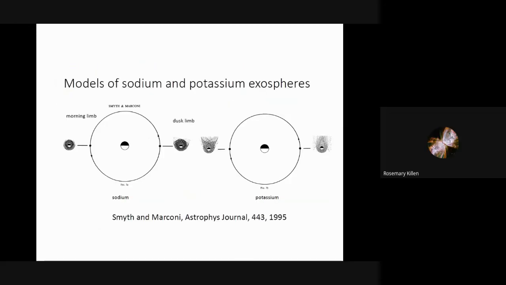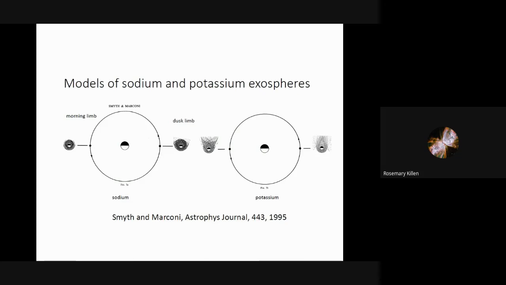Okay, so why is that behavior true? Well, if you look, this is a model back from 1995, and this was Smith and Marconi. They did a Monte Carlo, and you can see it most strikingly with potassium, that at dawn and dusk, at the limbs, the scale height is greatest, and that's caused by radiation pressure. It's not caused by a source.